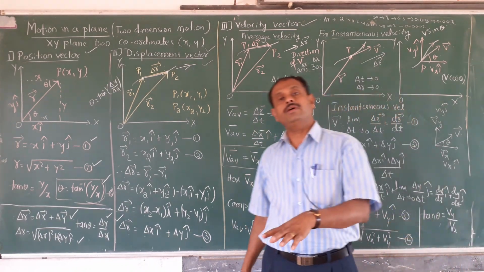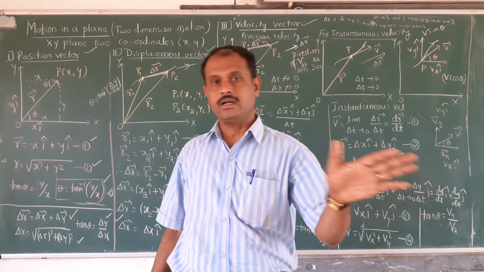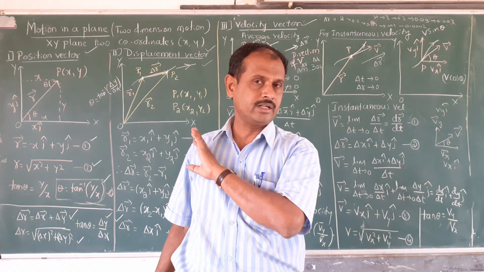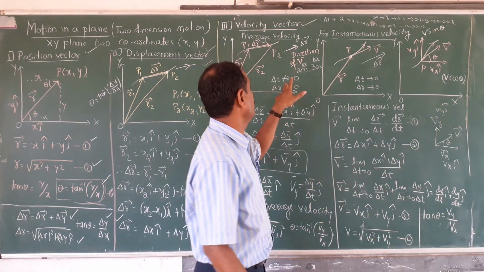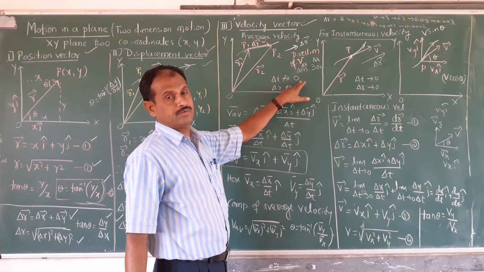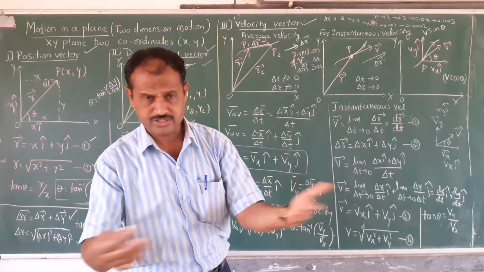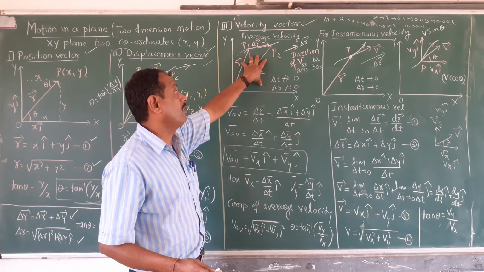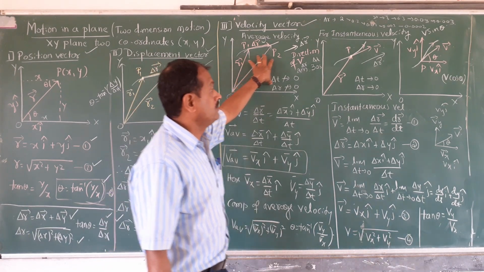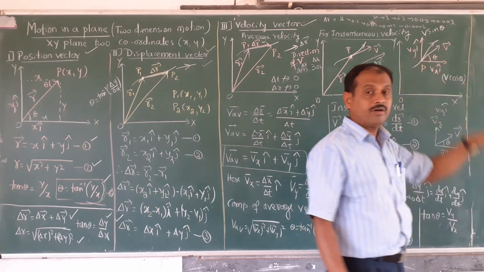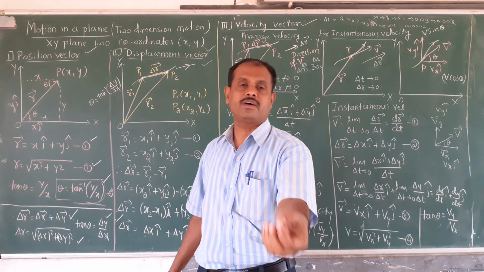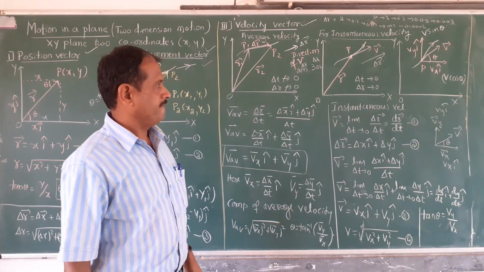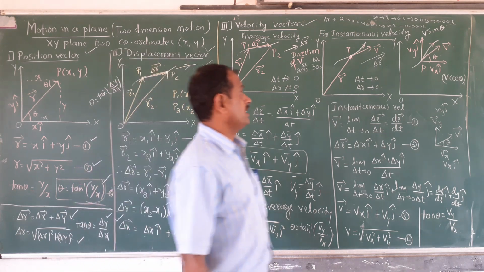When you calculate the average velocity, delta t does not tend to 0, and delta r also does not tend to 0. This graph is for average velocity. These two graphs are instantaneous velocity. Now this is instantaneous velocity.